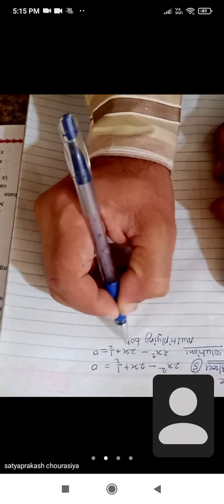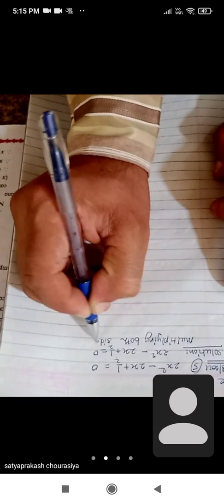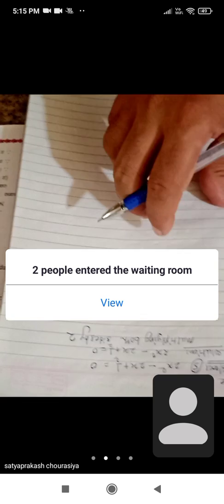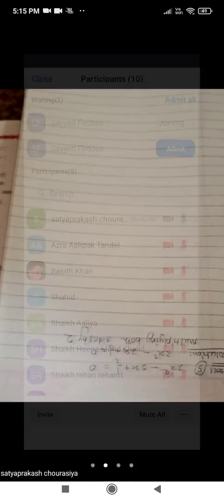Okay, now write down the equation once again. 2x² minus 2x plus 1/2 is equal to 0. Multiplying both sides by 2. दोनों साइड को 2 से मल्टीप्लाई करना है.